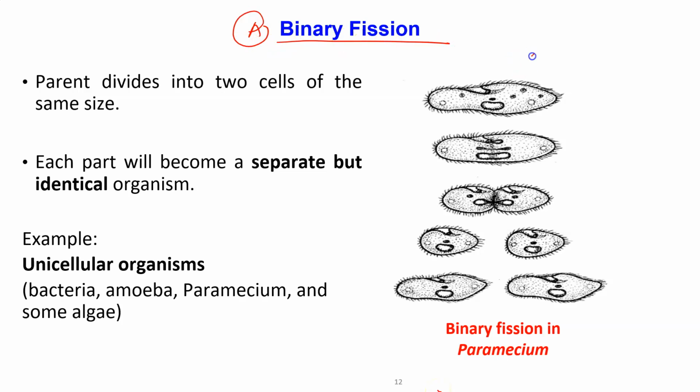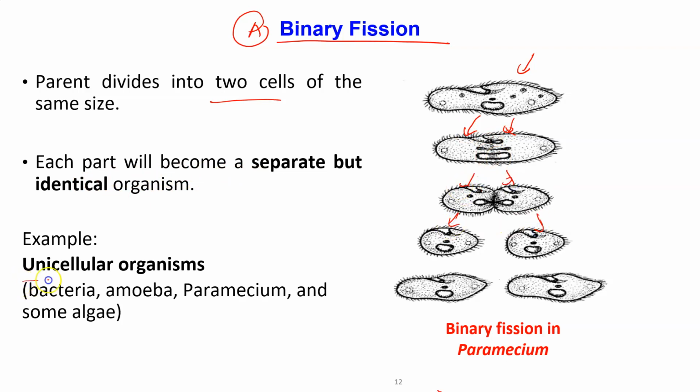So you have here a paramecium. Okay, one individual. This individual will be the parent that will divide into 2 cells. They start to divide, and then each part will become a separate but identical organism.